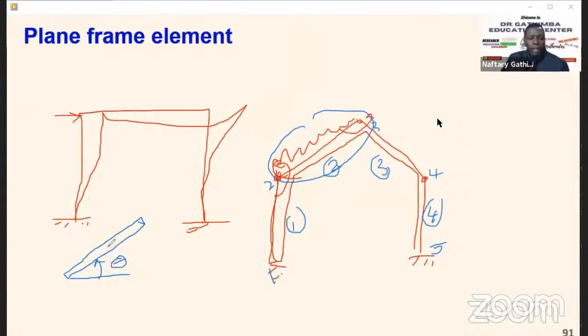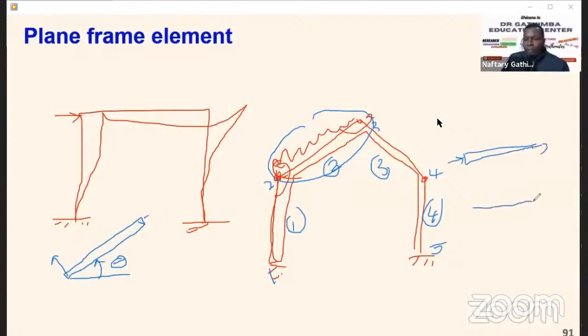So we want to consider this now. If it was a beam, we would consider only the vertical load because the axial loading is neglected. But now for a frame element, axial loading comes into play. For the bar element, because of the pin joints, we consider axial loading.